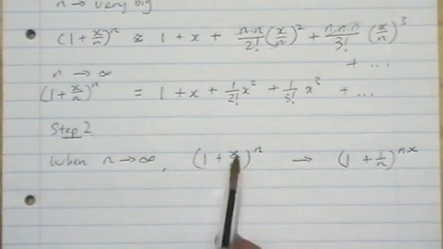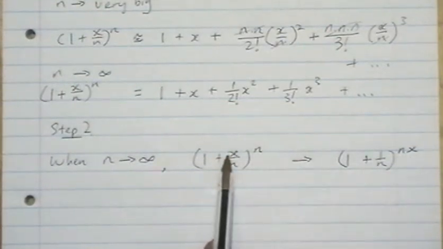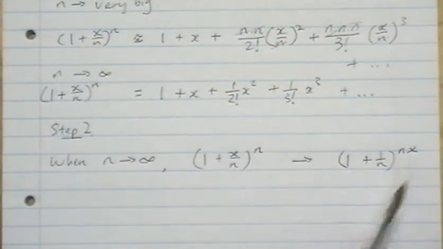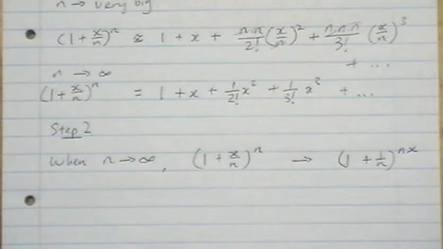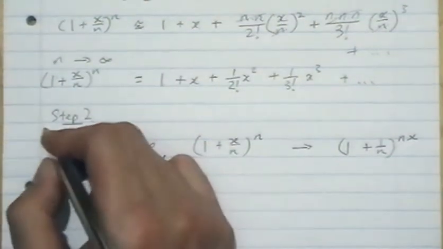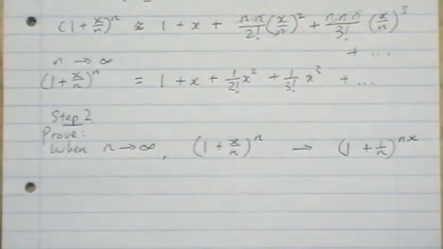In other words, the x here somehow disappears from inside the bracket and appears in the power. So this is what I need to prove in this step.